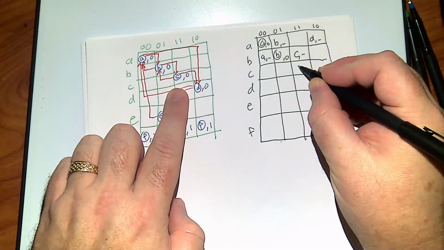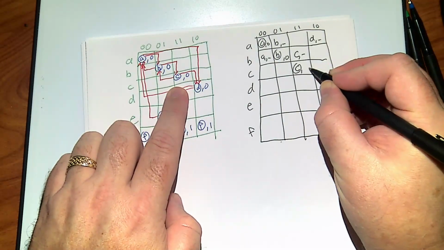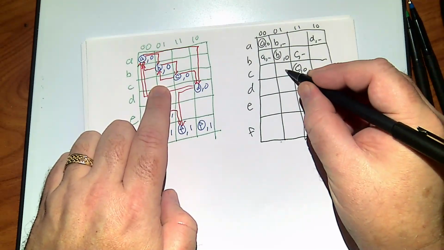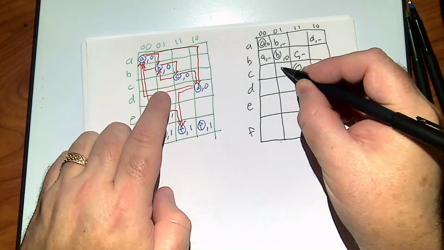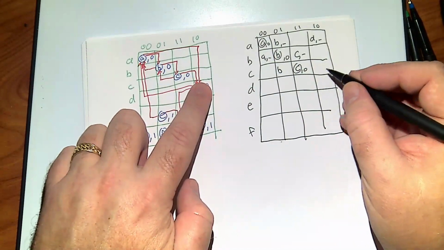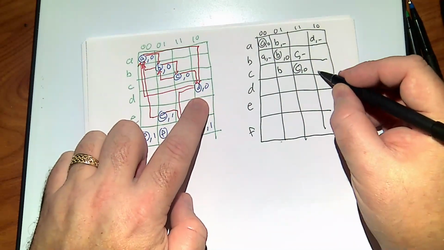On the next row, C is stable, output is 0. If I go to 0, 1, I want to transition to B. If I go to 1, 0, I want to go to D.